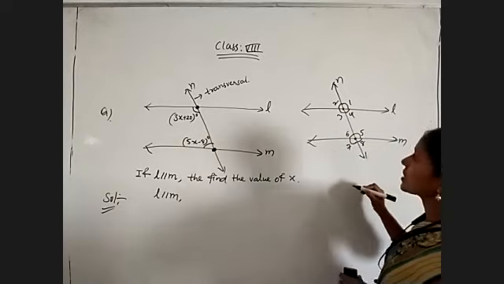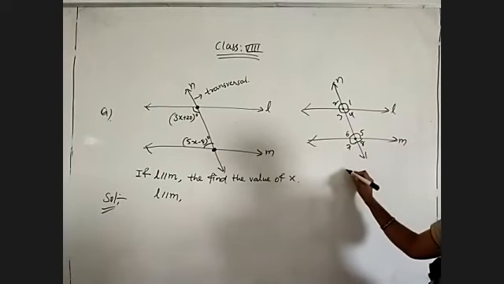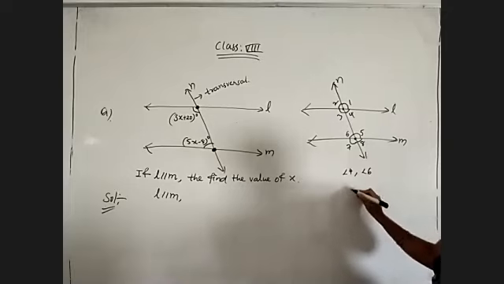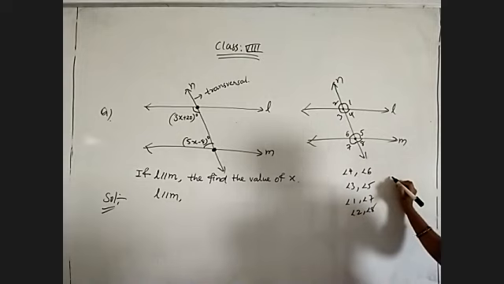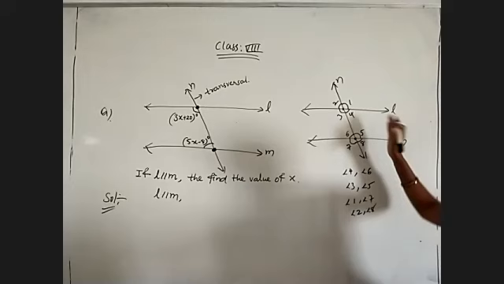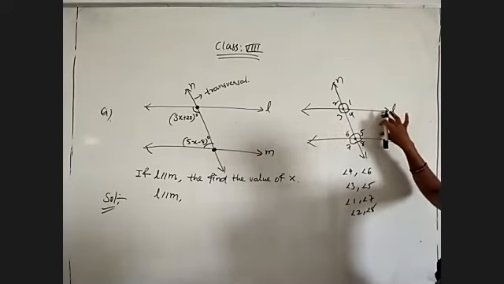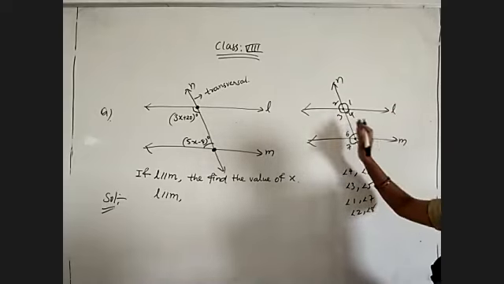Now how are they represented here? I am talking about angle 4 and angle 6, angle 3 and angle 5, angle 1 and angle 7, angle 2 and angle 8. Just observe these pairs of angles. 4 and 6 both lie in the interior of L and M, and one is on the right side of the transversal and the other on the left side.